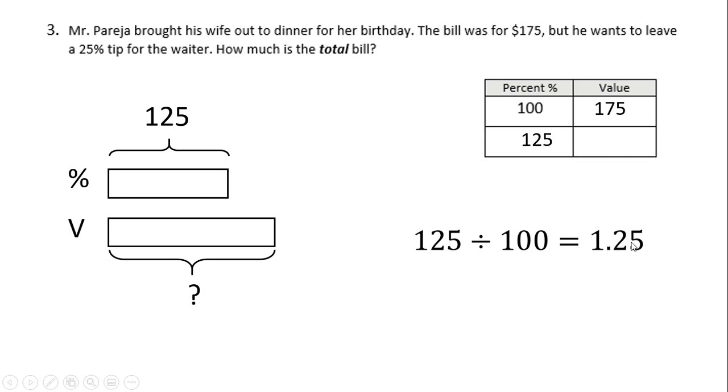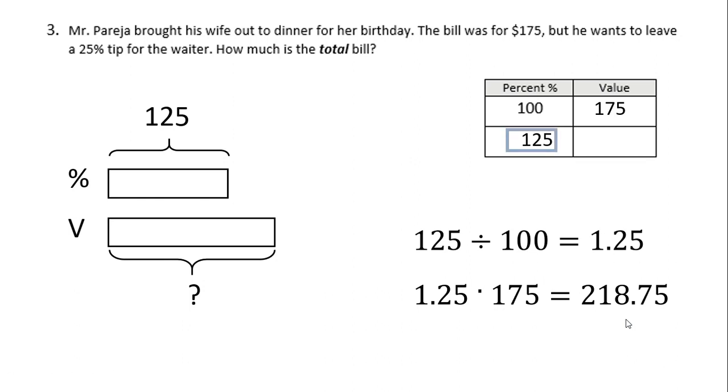Now we know each group is worth 1 and 25 hundredths, and there are 175 groups down here. Putting 175 groups of 1.25 together, we can multiply and calculate $218.75. That is how much money I should leave. I probably just leave $220.